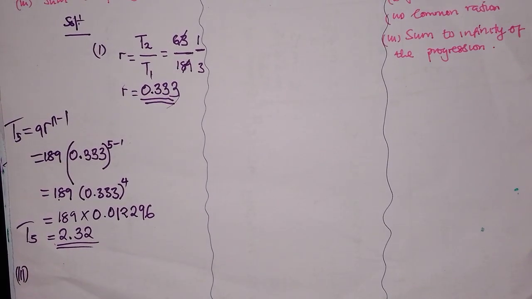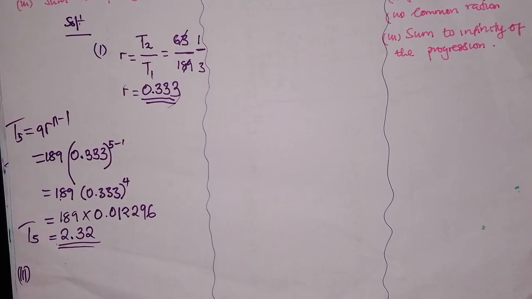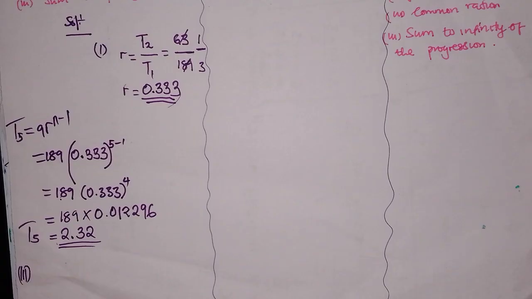So here is a trick which will help you to get most of this question correct. Whenever you see a question at the end that has sum to infinity, just know that your common ratio is less than 1.